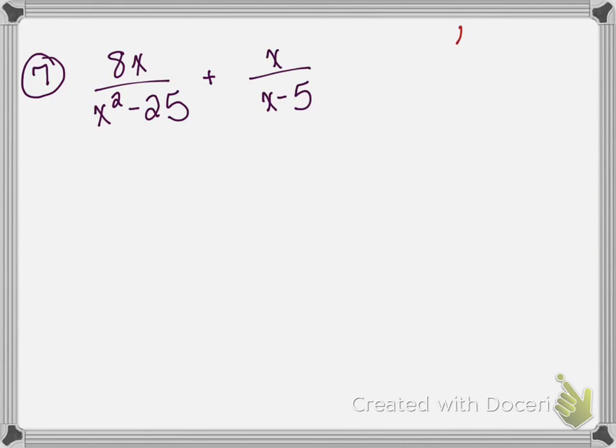So we've got to determine our LCD. Before we can determine our LCD, what do we have to do with the first denominator? I need to factor it. Okay, so I'm going to have x plus 5 and x minus 5.